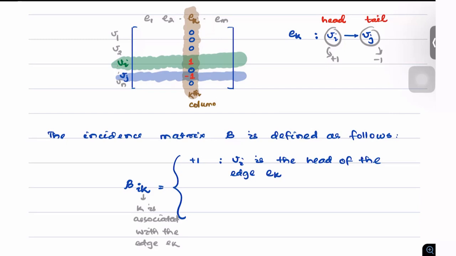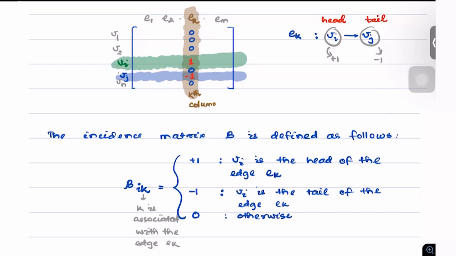Now, with this information, let us write the next entry. Suppose Vi is not the head of the edge. Then there's yet another possibility. This entry is equal to -1 if Vi is rather the tail of the edge Ek. If it is neither the head nor the tail of the edge Ek, then that entry is equal to 0. Meaning, in every other case, this entry is equal to 0.